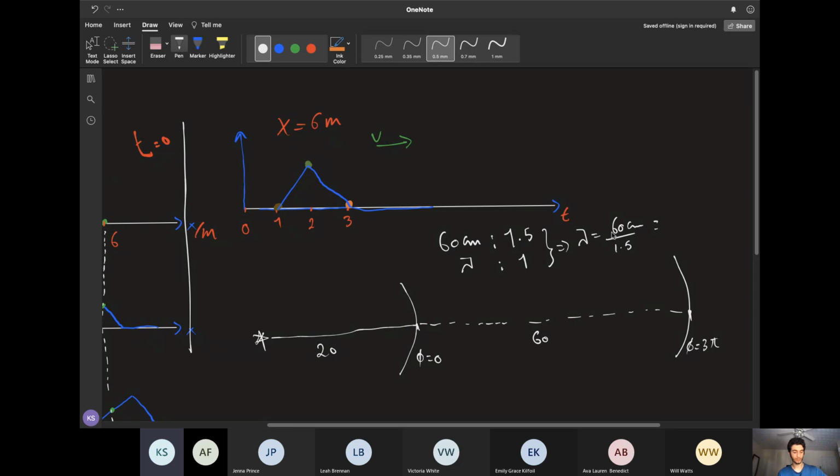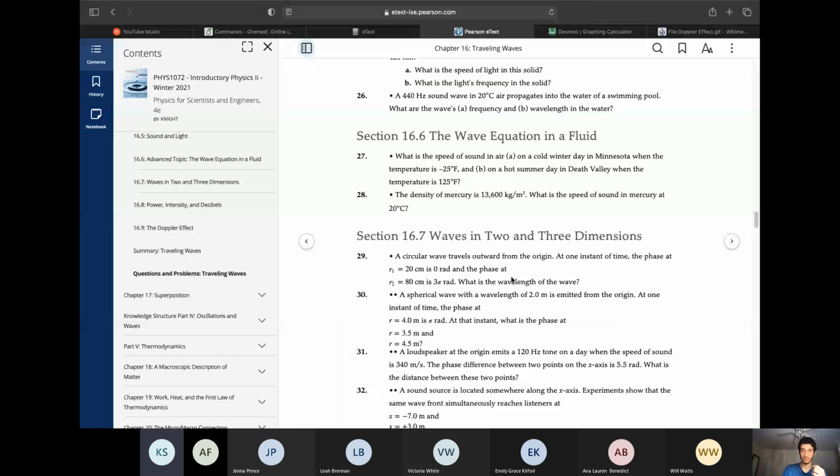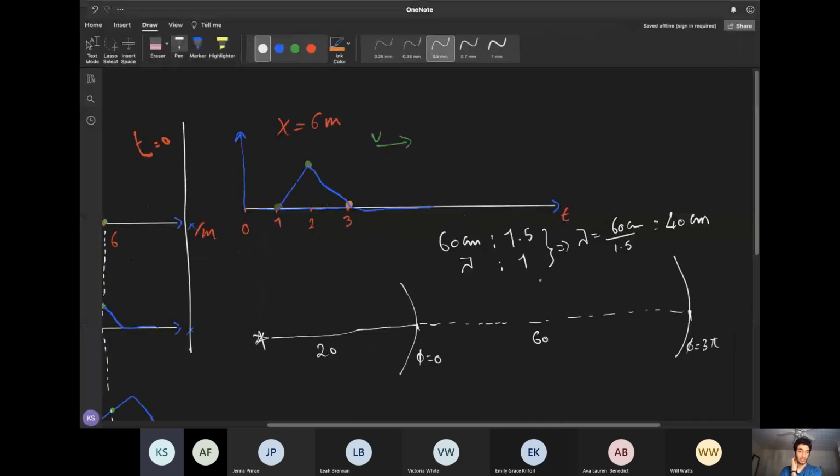That will equal to, it's like 25. It's 40. Oh, that was too far off. So your lambda is equal to 40 centimeters. And that's your wavelength. That's just simply what it would be, more or less.